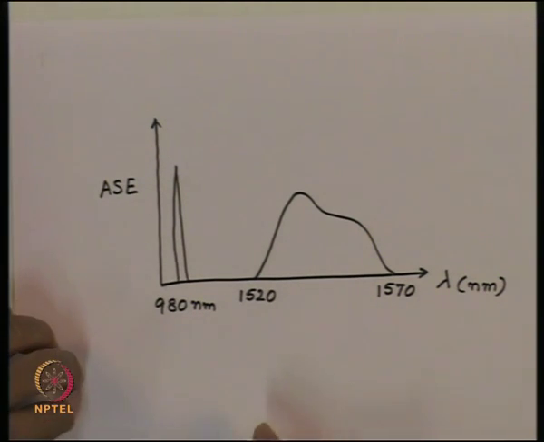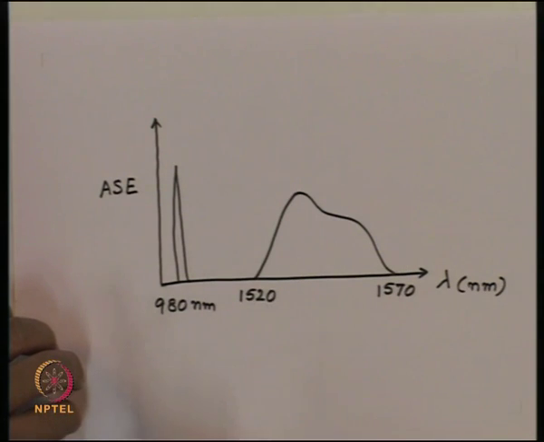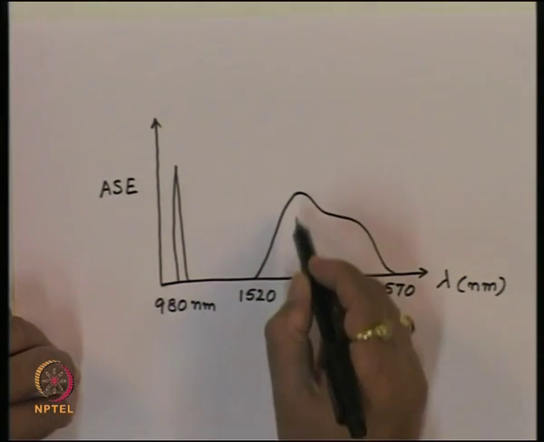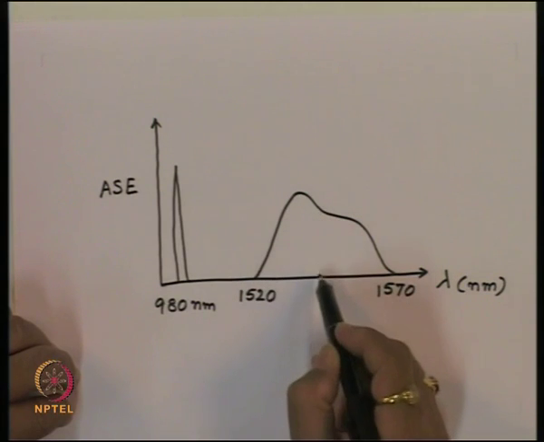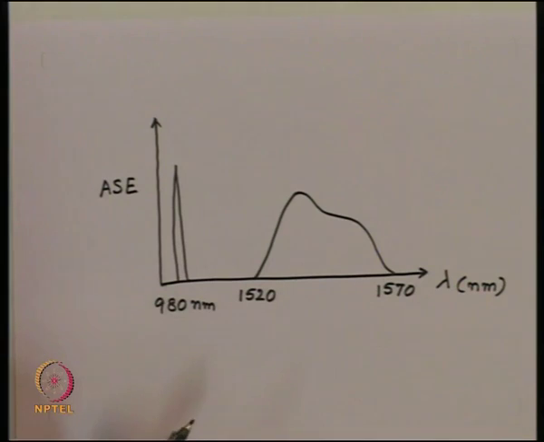But if we have a signal, then this essentially defines the gain profile of the amplifier. So if you put the wavelength corresponding to this, it will give me higher gain. If you put it here, the gain will be a little lesser. If you put it here, the gain will be lesser, and so on.